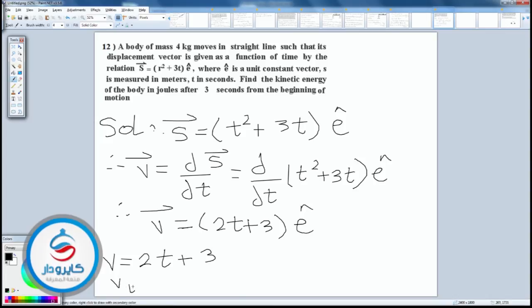V when t equals 3 equals 2 times 3 plus 3 equals 9 meters per second.